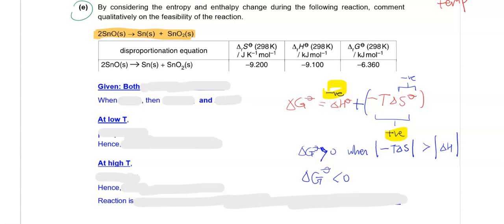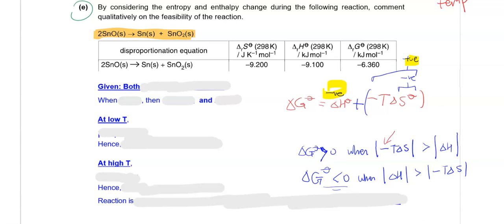Delta G will become negative when your delta H term, which is negative, has a magnitude bigger than your negative T delta S. Let me just rearrange this. We have positive over here. So if you take a closer look at this question, when can the negative T delta S magnitude be bigger than that of delta H?